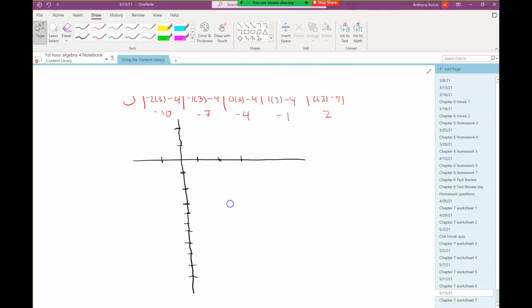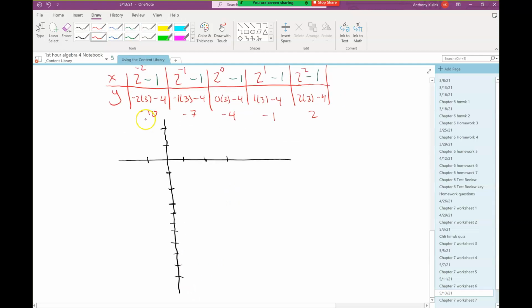Yikes. All right. Vertical asymptote at x equals -1. Looks pretty good. And then -0.75 and -10. I have -0.5 and -7. And I have 0 and -4. And then I have 1 and -1. And then I have 3 and 2.